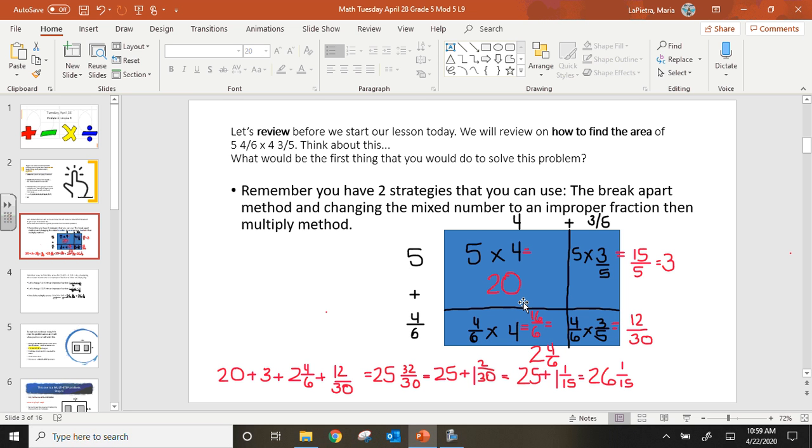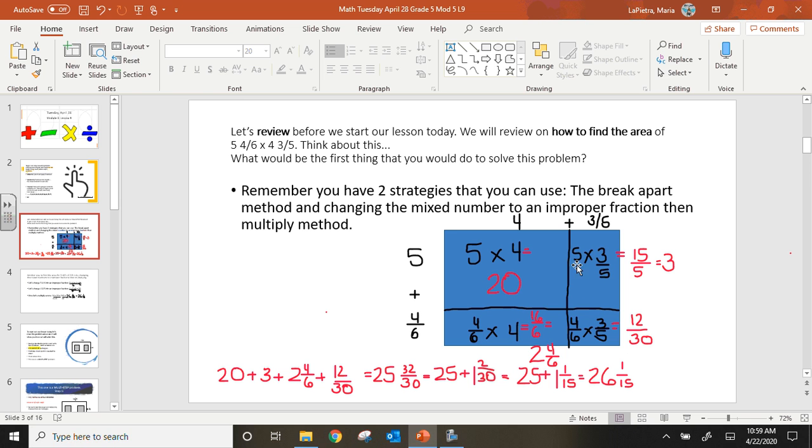You can see that in the red. My products are in red. 5 times 3/5 equals 3. You saw how I got that: 15 over 5 equals 3. 4 over 6 times 4 is 16 over 6, which equals 2 and 4 over 6. And 4/6 times 3 over 5 equals 12 over 30.